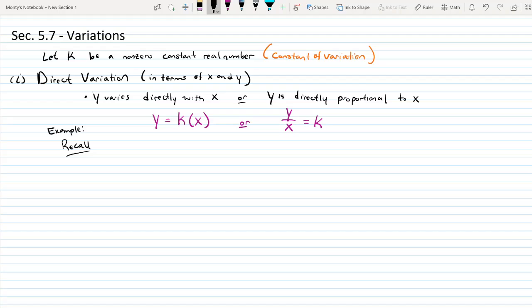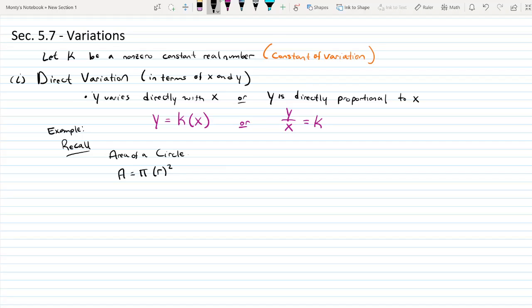Recall that the area of a circle is given by area equals pi times the radius squared. No matter what your radius is, it can change, and when it changes, you multiply by pi and you get the area.